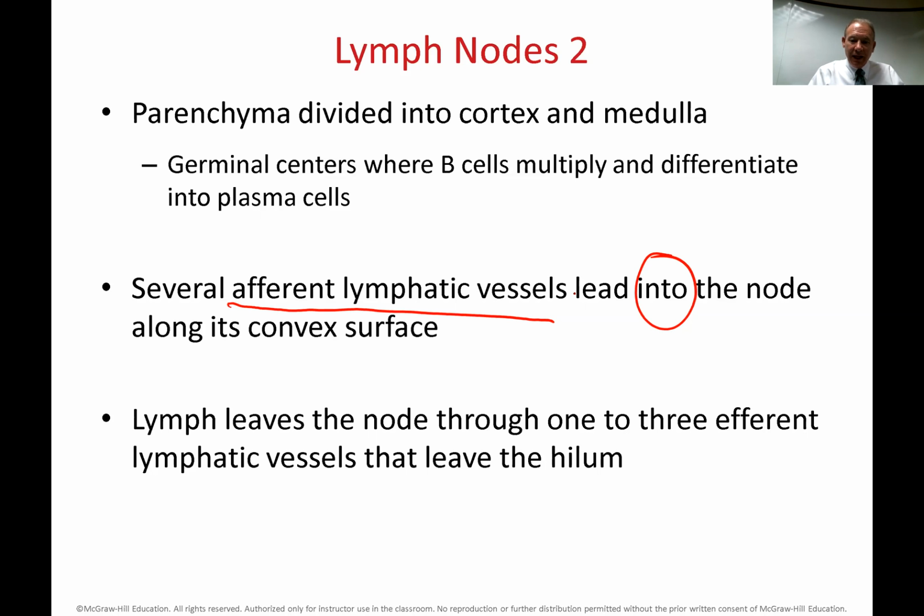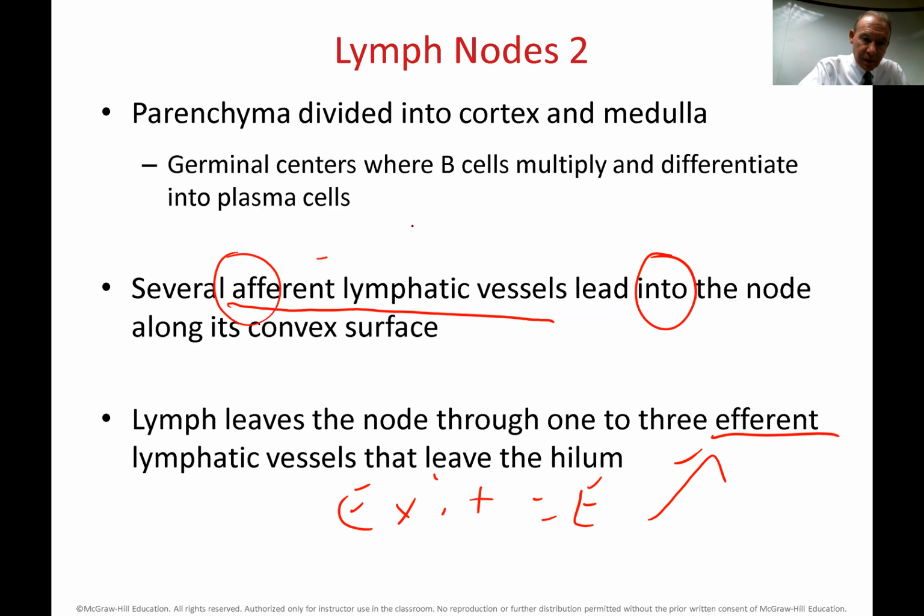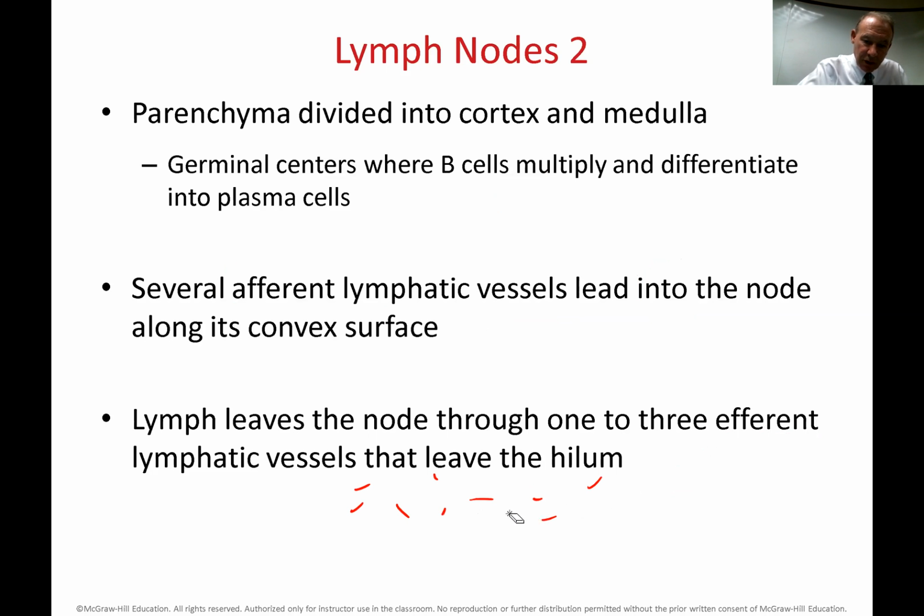Then we have efferent lymph vessels that exit. Afferent goes at the lymph nodes. So there are afferent lymphatic vessels leading to the lymph nodes, and then there are efferent vessels, E for exit, that exit the lymph nodes.